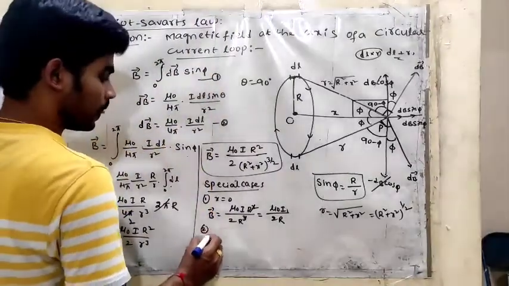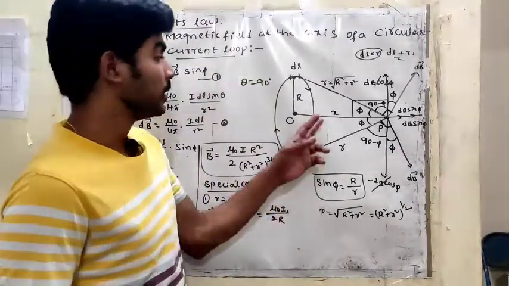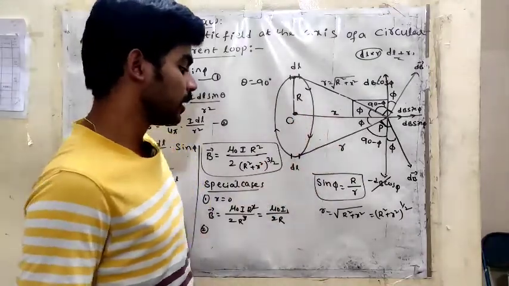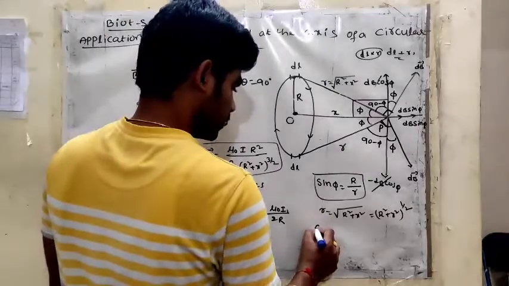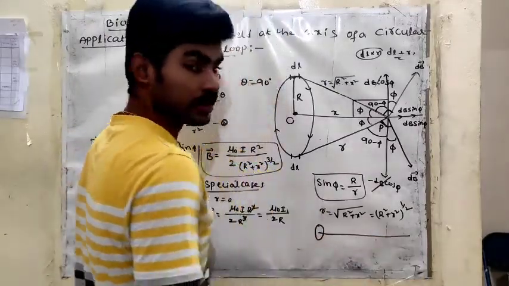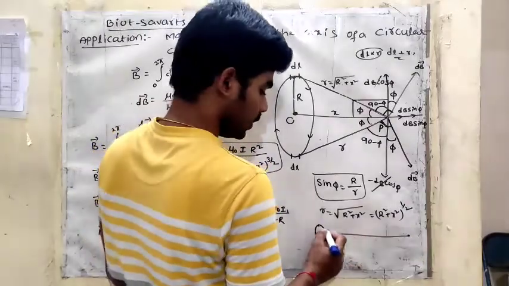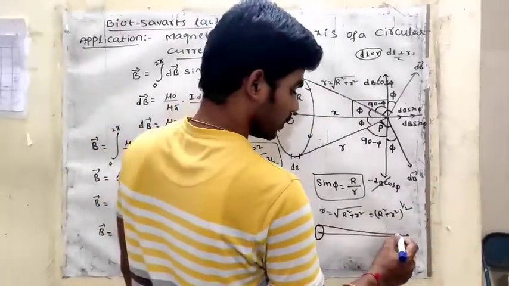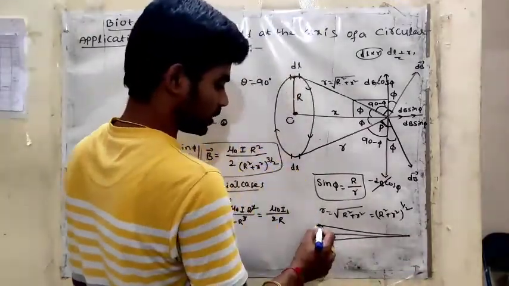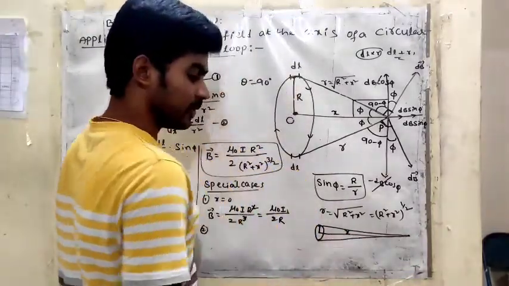Next, second one: suppose this x distance is much greater than r. So this is a small circular ring, but I am calculating the magnetic field far away. So r is neglected in this case, but this x is very long.